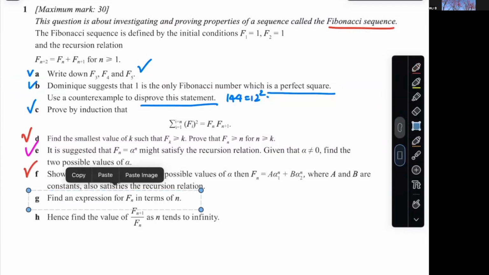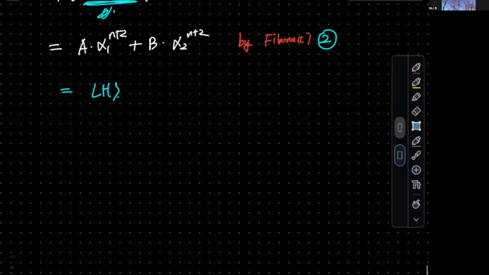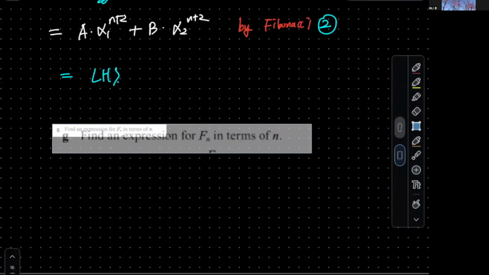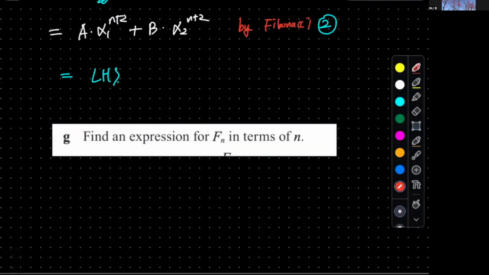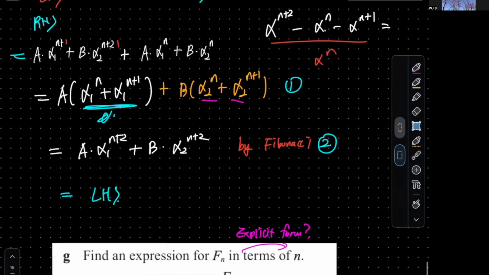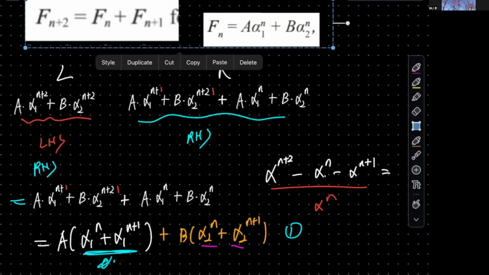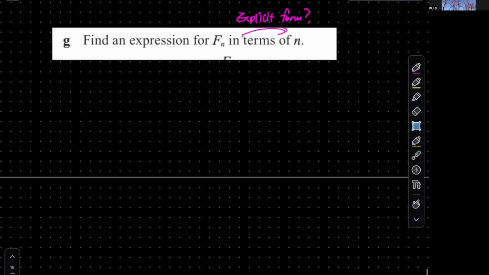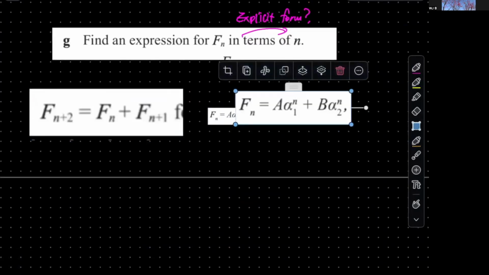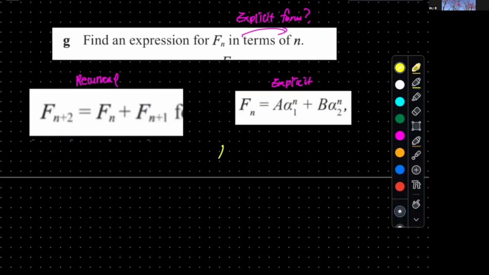So now they're saying, okay, get us the alpha in terms of n. So that means they're trying to convert into the explicit form. So if we go back to the question, we were given this recurrence relation, but I found this explicit form where alpha 1 is 1 plus root 5 over 2, and alpha 2 is 1 minus root 5 over 2.